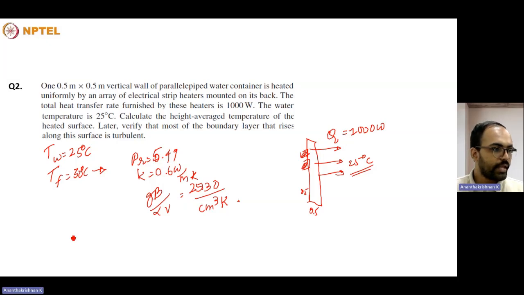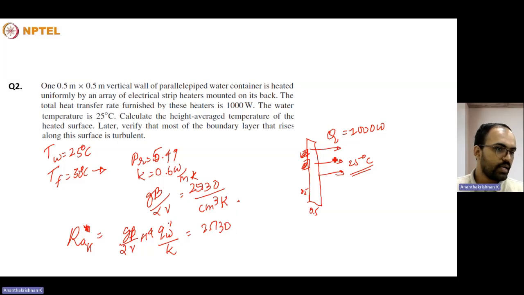So we calculate the Rayleigh number with the flux-related Rayleigh number. Its formula is g beta divided by alpha nu, times h raised to 4, times q wall divided by k. q wall is equal to the heat transfer divided by the area for the heat transfer.